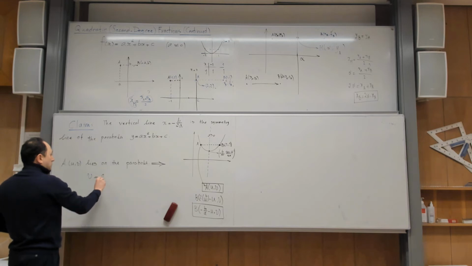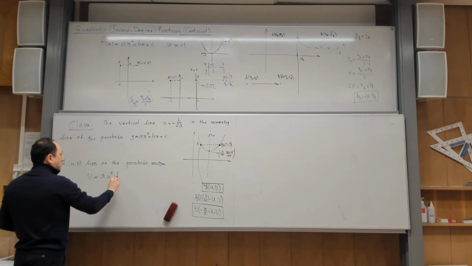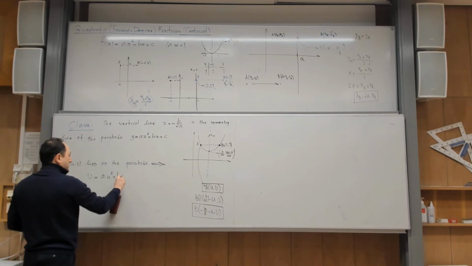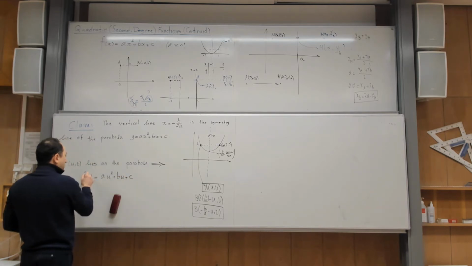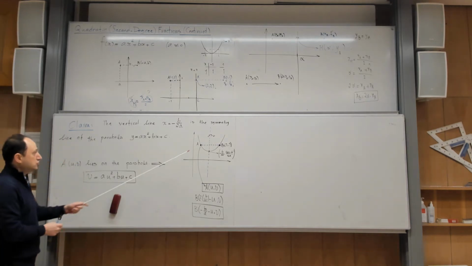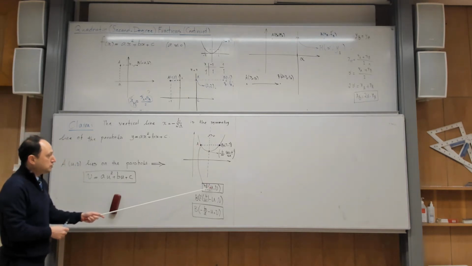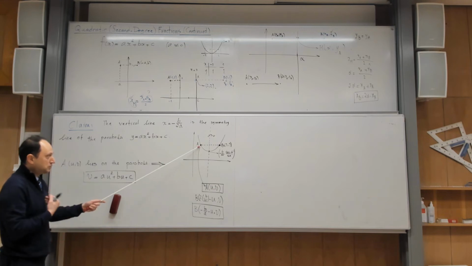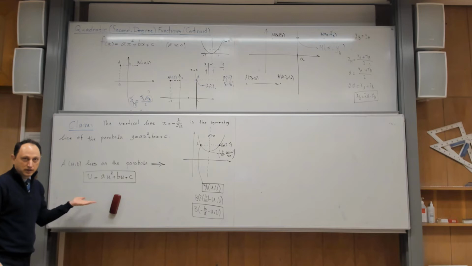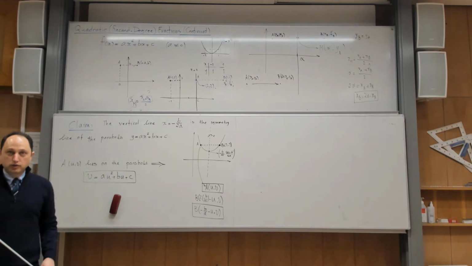Instead of x, I put u. And then I put this in a box for future reference. So this is my assumption. When I choose a point with coordinates u and v on the parabola myself, it means I am respecting this equality. Yes or no?